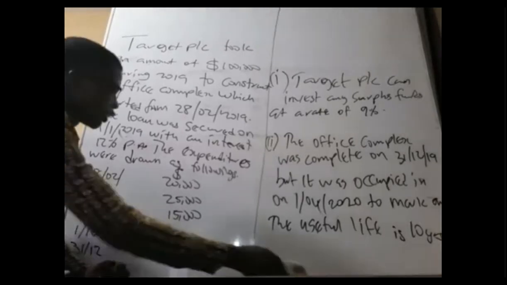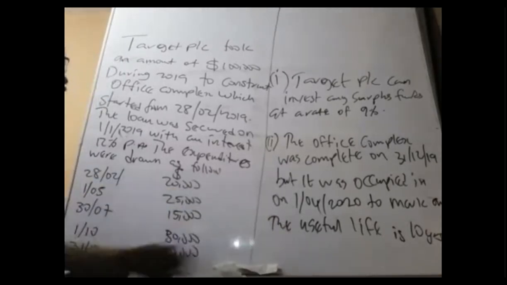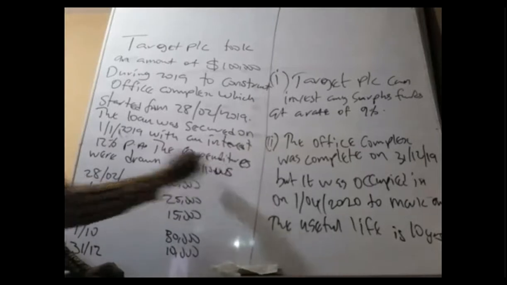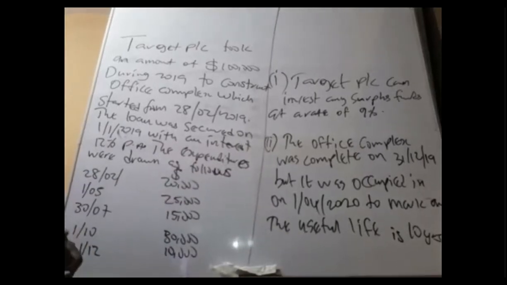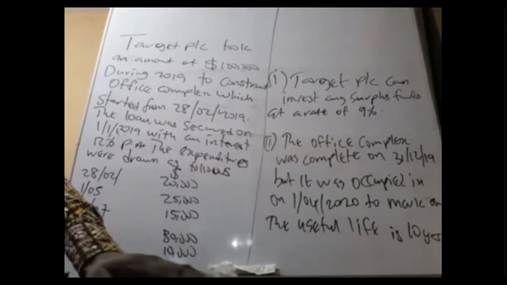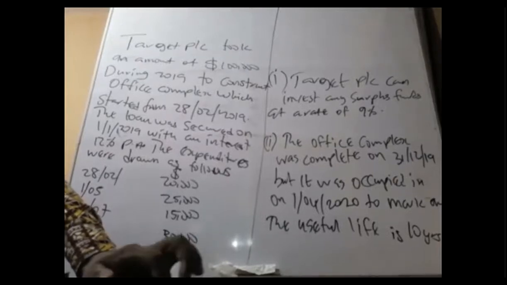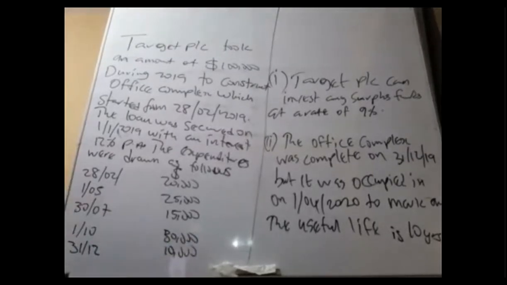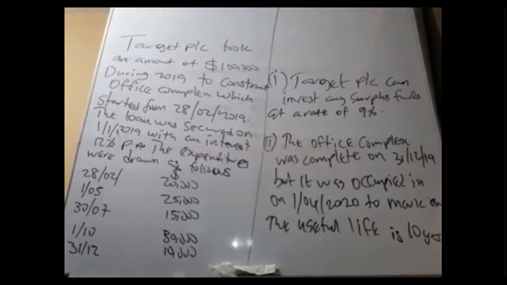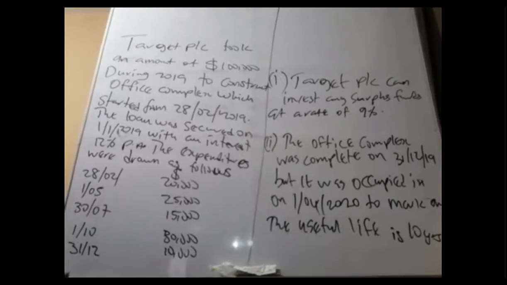Okay, so let's make some few corrections here. The expenditure was drawn as follows, not as following. So the C part is to calculate the carrying amount at the end of 2020. Okay, so that is it.